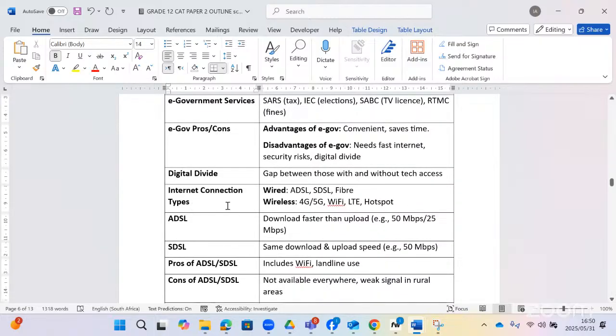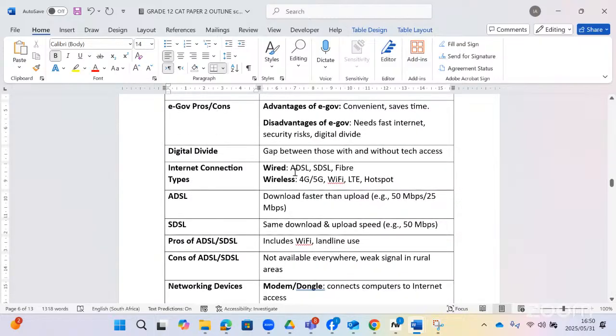Then internet connections, wired connection like ADSL, SDSL, and fiber optics. So these ones make use of internet connections. Fiber optics use fiber cables. ADSL and SDSL, they use telephone lines.